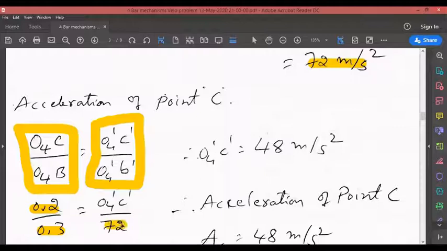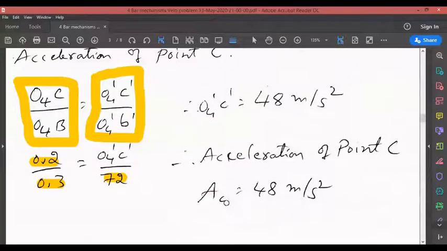So substitute that 72 meters per second square. Finally, we get O4C dash, that is the acceleration of point C with respect to O4, 48 meters per second square. That's the needed solution.